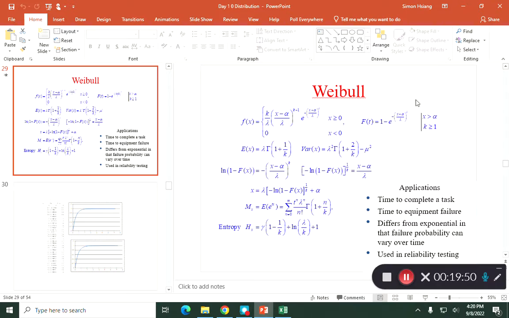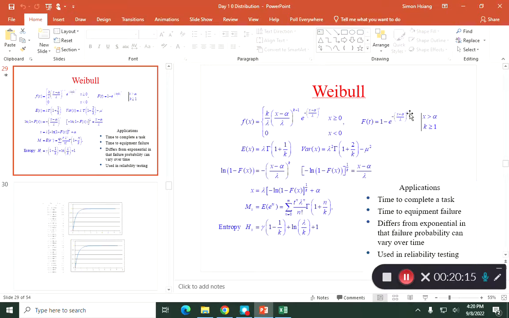But if you don't have a value like that, you're using any value. Alpha is not 0, it's a mean value somewhere else. And then your scale, lambda, is not 1. You have a large scale, small scale. And then finally, there's a k function.